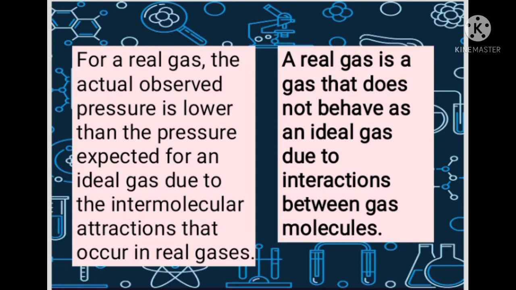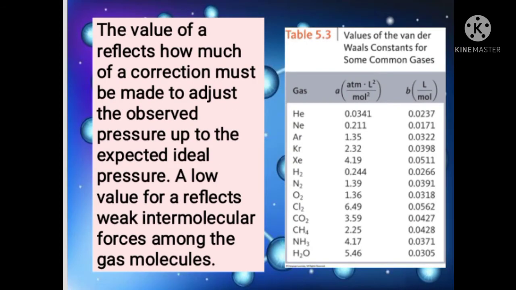So a real gas is a gas that does not behave as an ideal gas due to interaction between gas molecules. Next, the value of a reflects how much of a correction must be made to adjust the observed pressure up to the expected ideal pressure. A low value of a reflects weak intermolecular forces among the gas molecules.